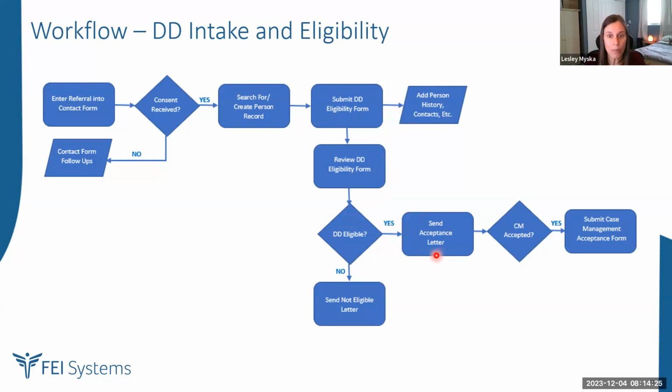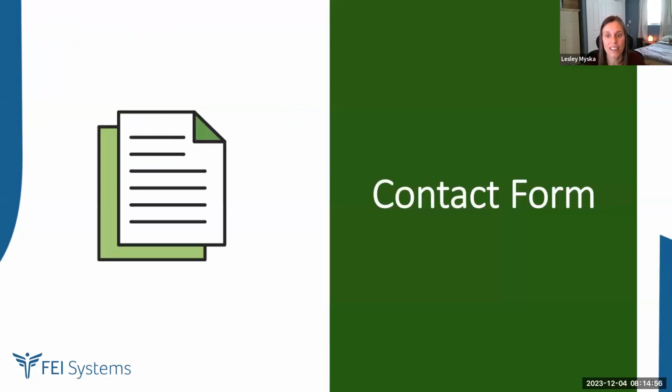And then if the person accepts case management, you will create a case management acceptance form for that person, which will then be transitioned to the community case management liaison to complete the case management assignment. If the person is not DD eligible, then the letter for DD ineligible will be sent. Next slide, please, Miranda. When a DD eligibility referral is received, it should be captured in the contact form.